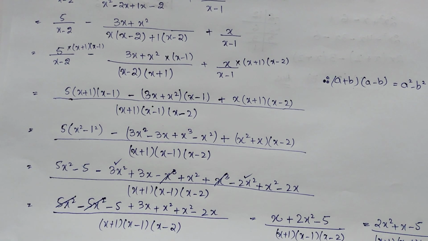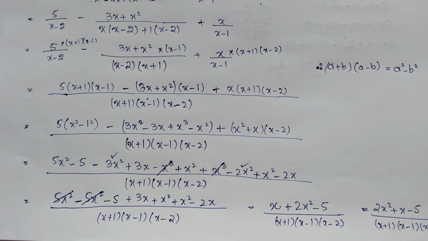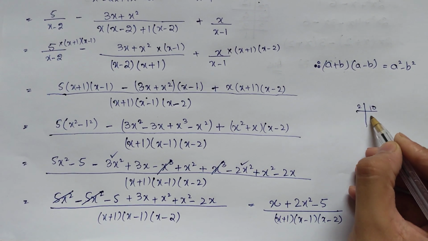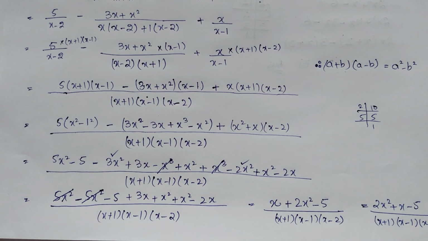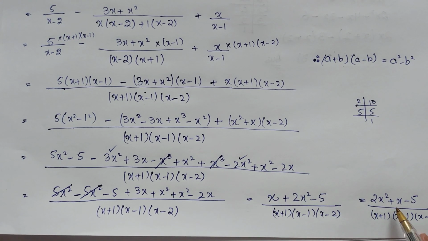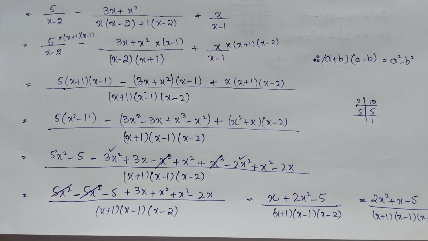When we multiply 5 with 2, we get 10. The factors of 10 are 2 and 5, no other factors. How will we pair 5 and 2 to get plus 1? It's not possible. If you subtract 2 from 5, it becomes 3, and when you add both, it becomes 7.